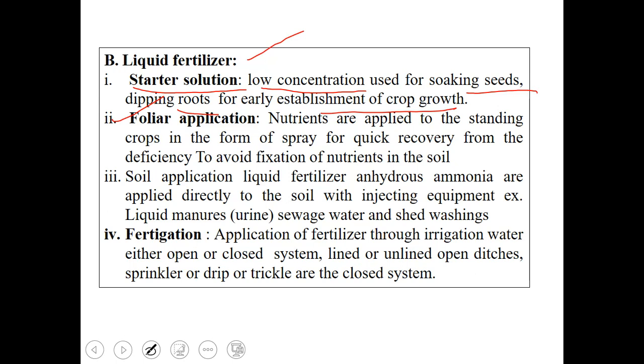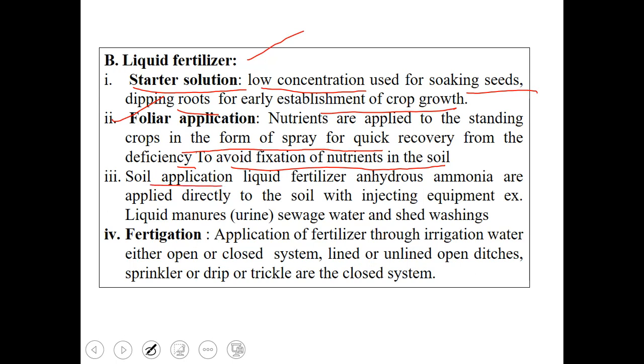When the crop is already standing, as I just told you, top dressing and foliar application are one and the same. So nutrients can be applied to the standing crop in the form of a spray for quick recovery from the deficiency, and also to avoid fixation of nutrients in the soil. So that can be done, foliar application, when the crop is already in the field.